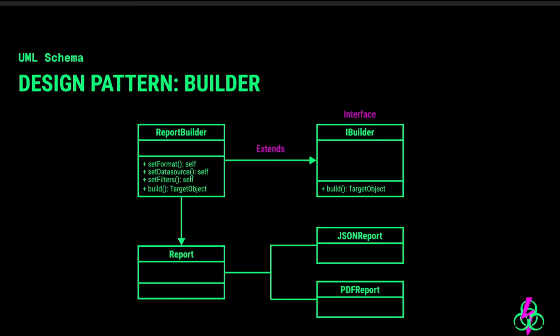Everything is constructed by using this class. Just remember about this interface, that this interface is also an important part, because as I said, in this interface, we define all functions that will be required to be created and defined in your report builder.